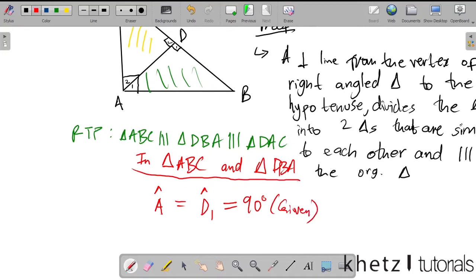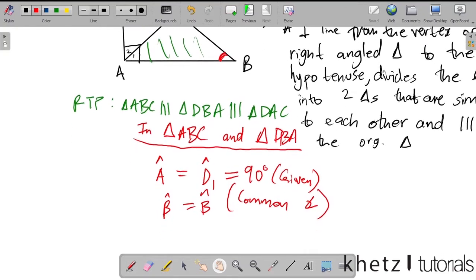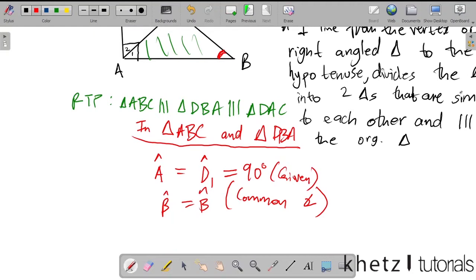And also angle B is equals to angle B because it's a common angle. If you look at this, it occurs in both DBA as well as ABC. So this is a common angle, right? And finally, we can conclude that the last angle, so the last angles which occur in each of these.